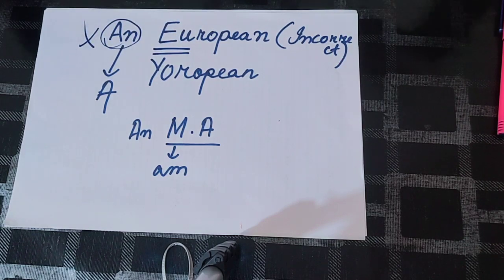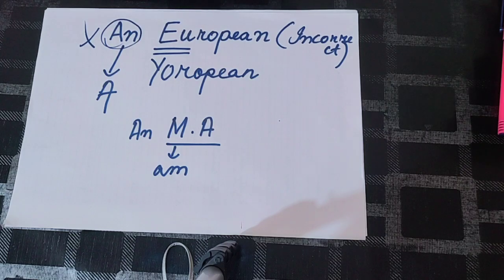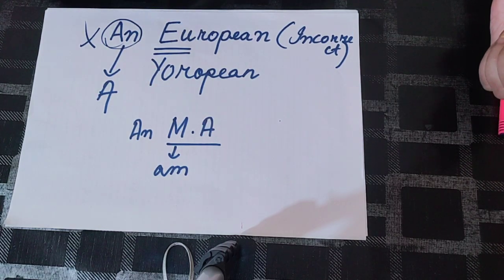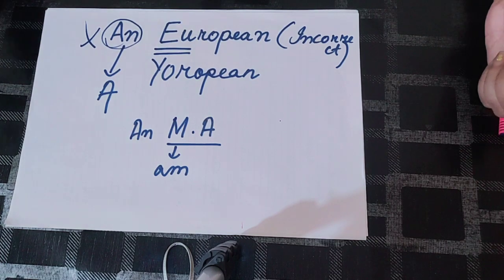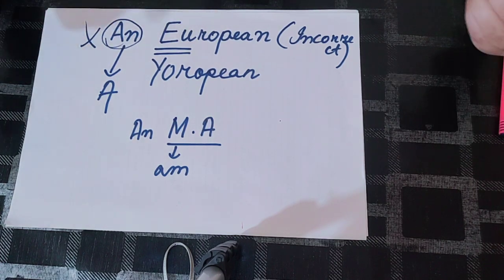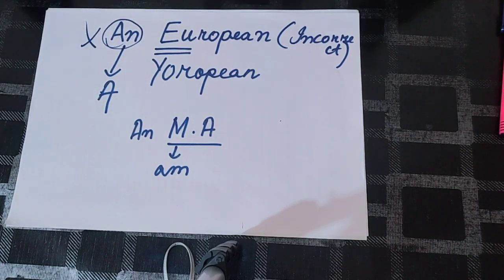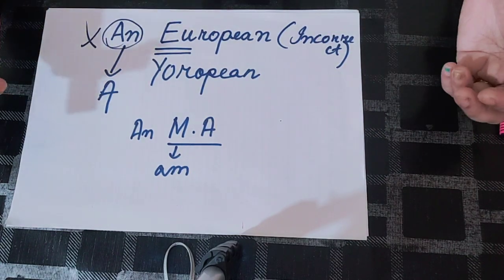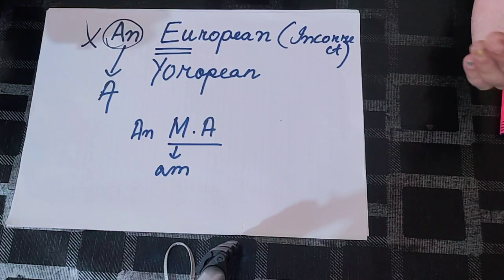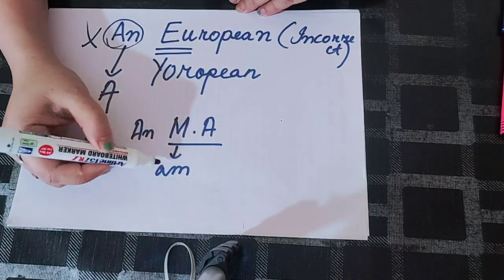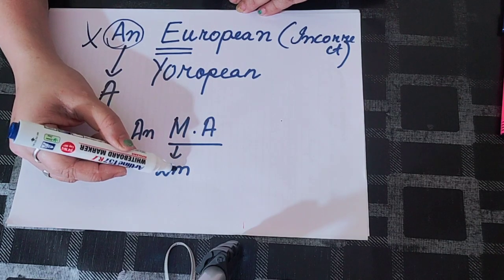Now you need to understand the difference between a vowel and a consonant. Vowels are independent letters. They don't need the help of any other letter to pronounce themselves. When we say A, we just say A. We don't take the help of any other letter. Whereas consonants always take the help of vowels in order to make their pronunciation. For example, if we say M, we are pronouncing AM. That means M cannot be pronounced independently.